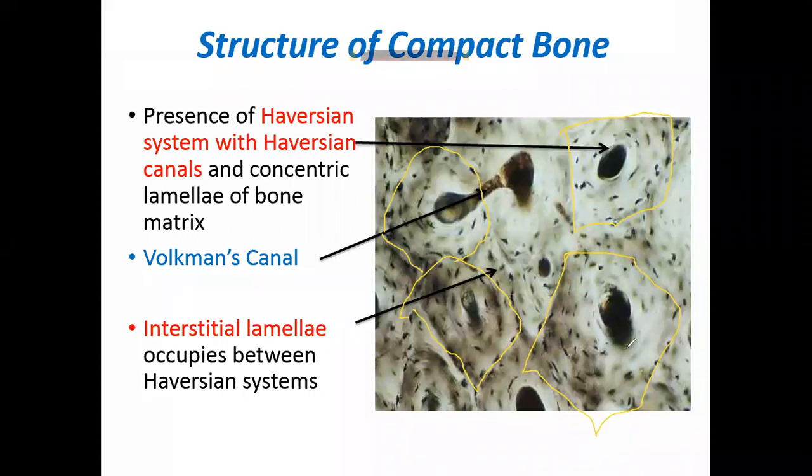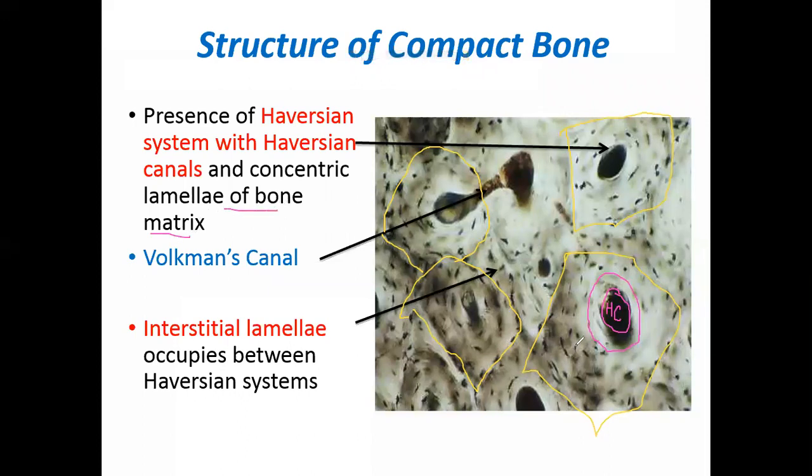Let's go to details about what a Haversian system is. A Haversian system consists of this in the center, which is called the Haversian canal. Around it we have concentric lamellae of bony matrix.